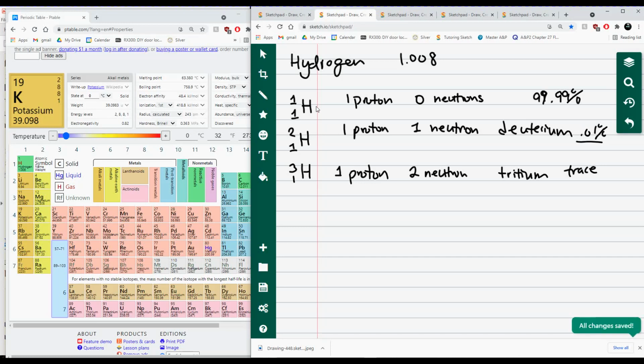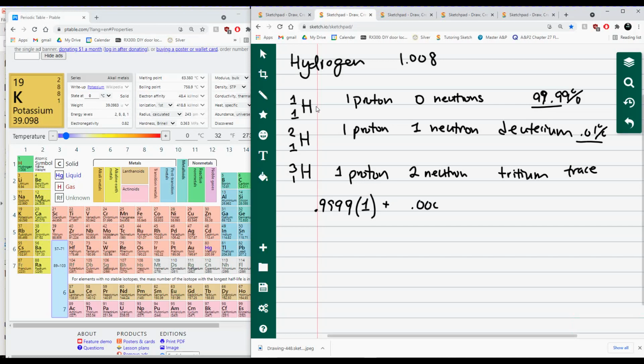To calculate the average atomic mass, we use the relative abundance times the atomic mass of each of those isotopes. So we would get 0.9999 times 1, for the abundance 99.99% as well as the atomic mass of 1. We add this with 0.0001, the relative abundance of hydrogen-2 or deuterium, times its atomic mass, which is 2.